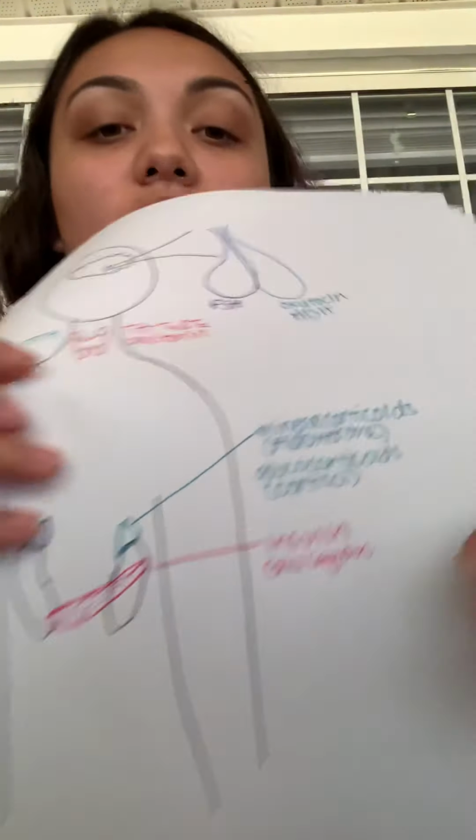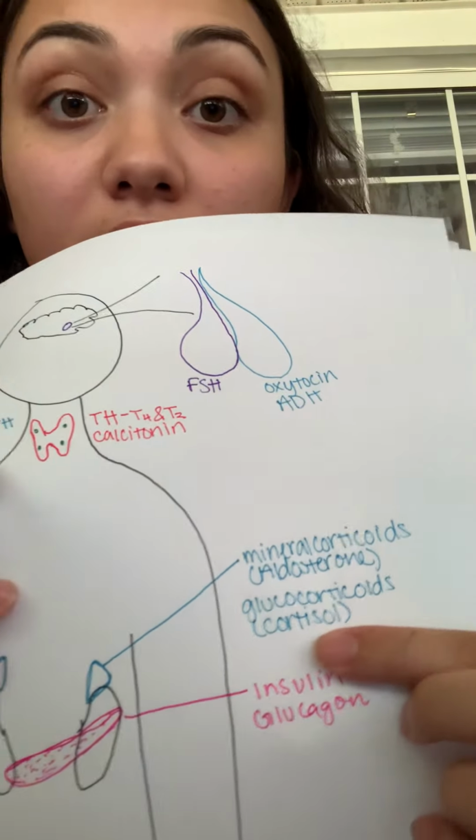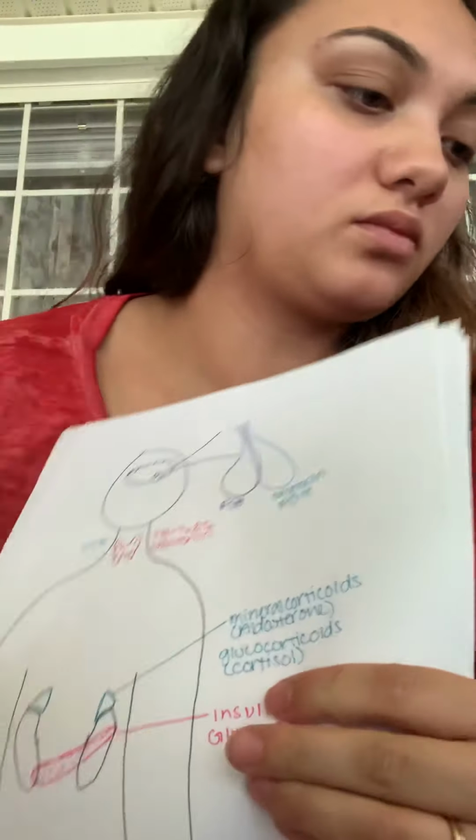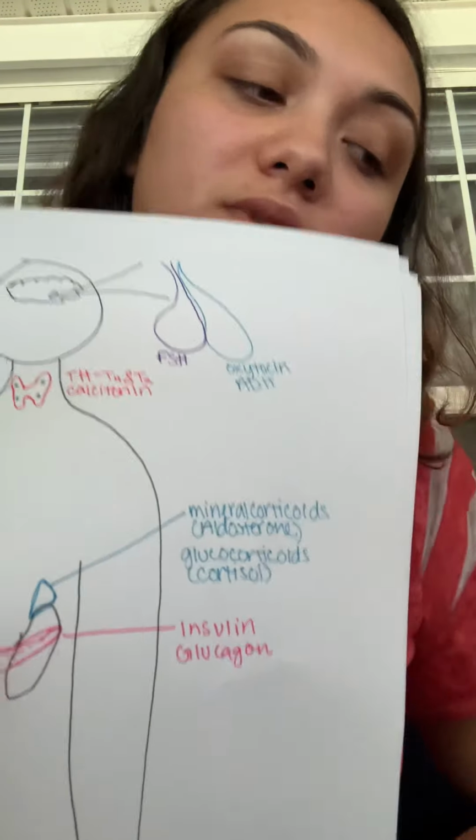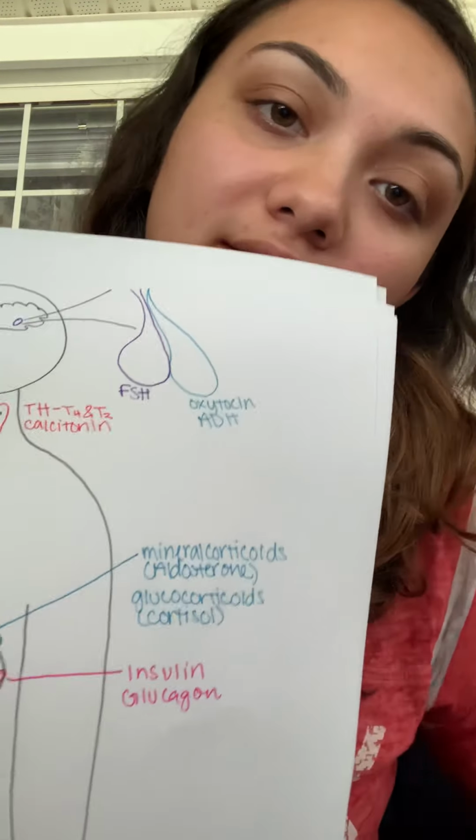What glucocorticoids do, like cortisol, is help provide resistance to stress and promote metabolism of fat and protein. All right, that's all. Thank you.